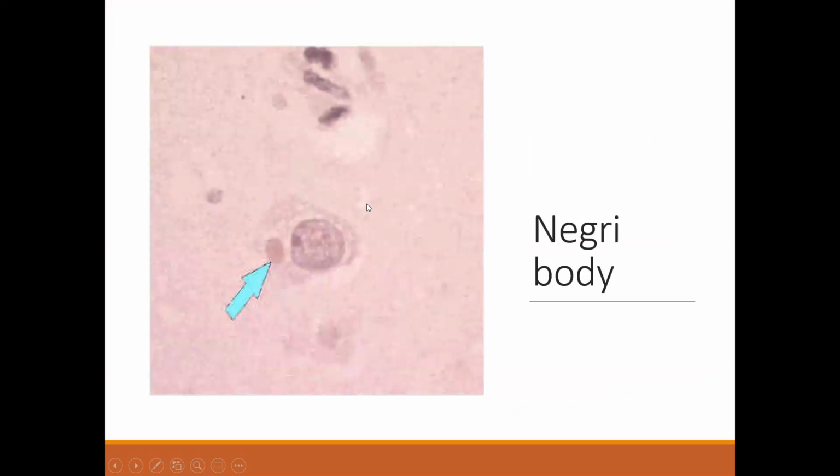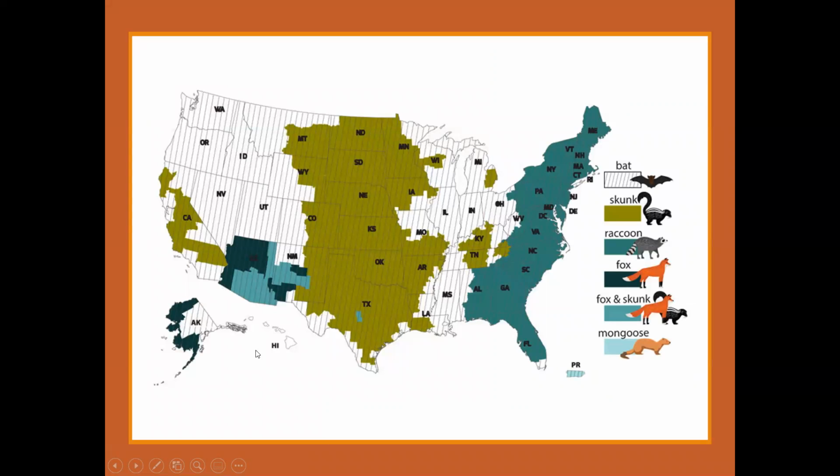Previously, to definitively diagnose rabies, it had to be done on autopsy, and these are brain cells, and they have this inclusion in them called a Negri body. Now, in the United States, there are several animal vectors. Of course, you see bats everywhere.